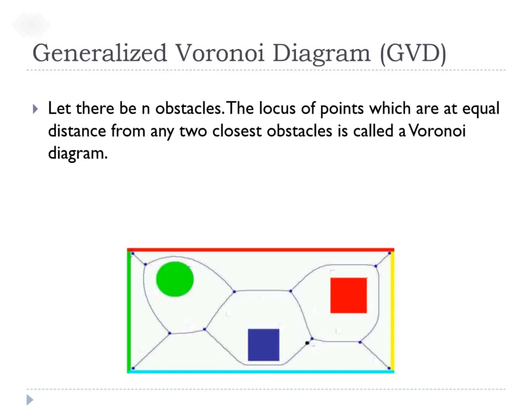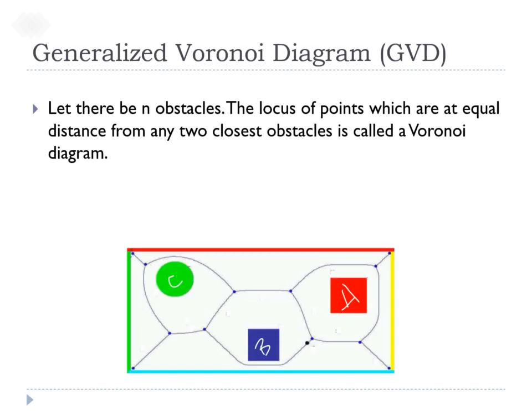So we have three obstacles, A, B, and C. And we have to construct a path or a roadmap in this environment where if I take a point moving on this roadmap, then it should be at equal distance or at a safe distance from all the obstacles. So you can see that here in this environment, the boundaries are also considered as obstacles.